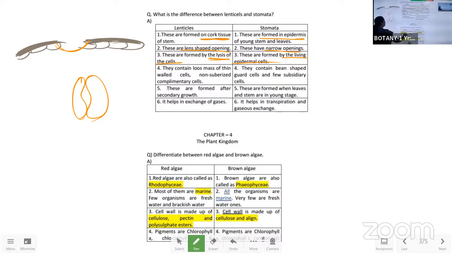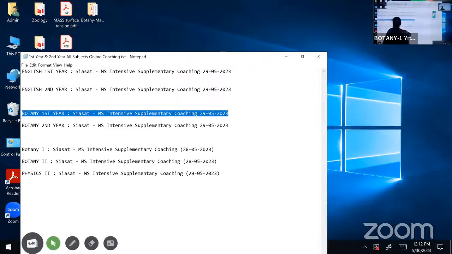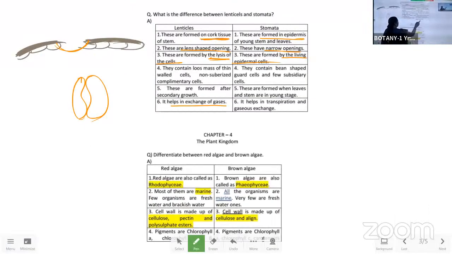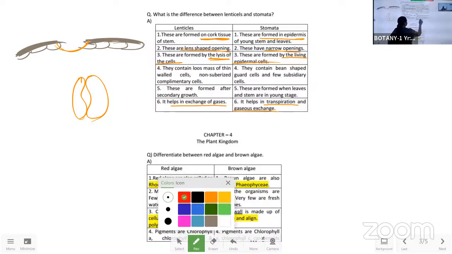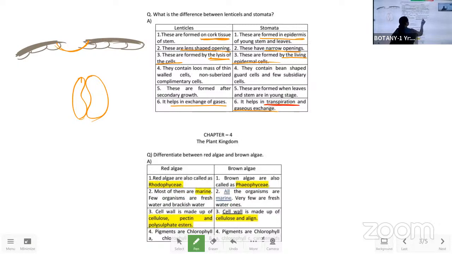And the next one, what the lenticels will do? Lenticels will help out in the exchange of the gases, whereas stomatal apparatus is helpful for the gaseous exchange as well as for the transpiration process. This is the most important one in the stomatal apparatus, the transpiration that occurs through the stomata.